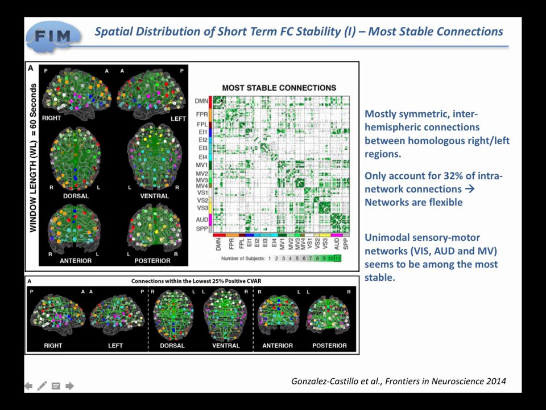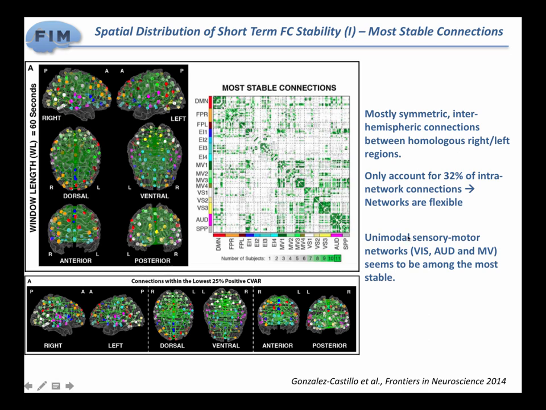And we found that the most stable connections tend to happen between symmetric interhemispheric homolog regions, but also that they only account for 32% of intra-network connections. What that means is that most of the networks that we're used to seeing during static resting state, the default mode network model, break down quite often, because not all the connections are stable and on all the time.